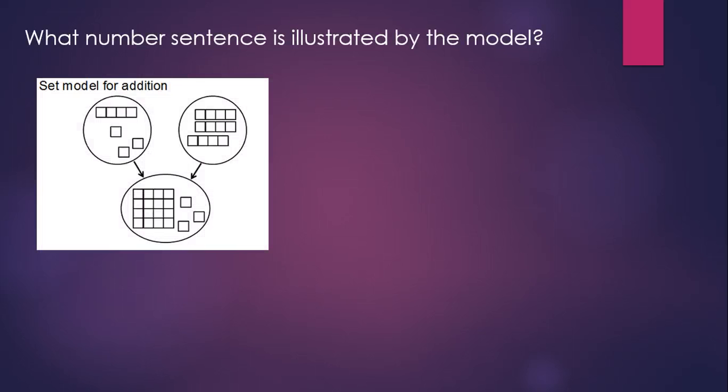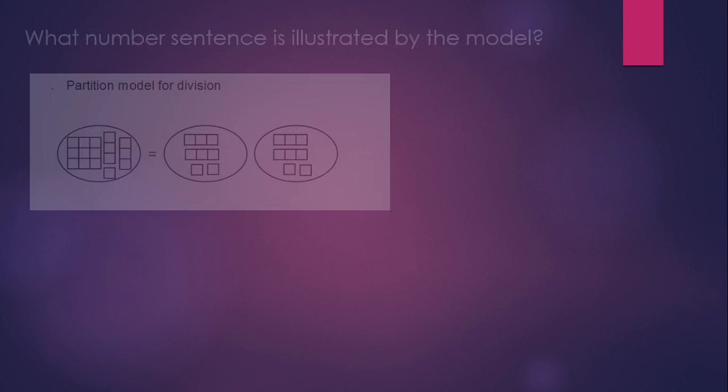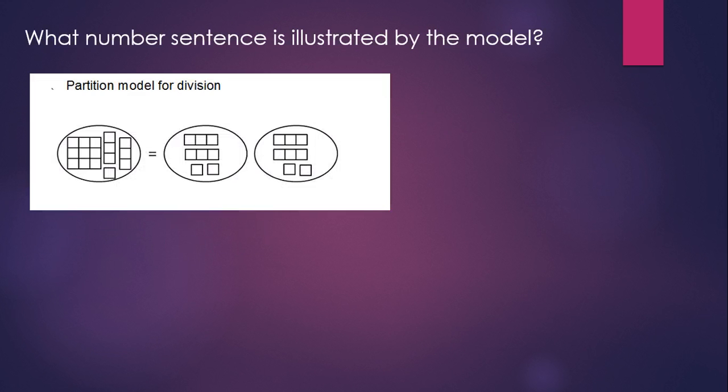What number sentence is illustrated by this model? The model shows 13 base 4 plus 30 base 4 is equal to 103 base 4. What number sentence is illustrated by this model?